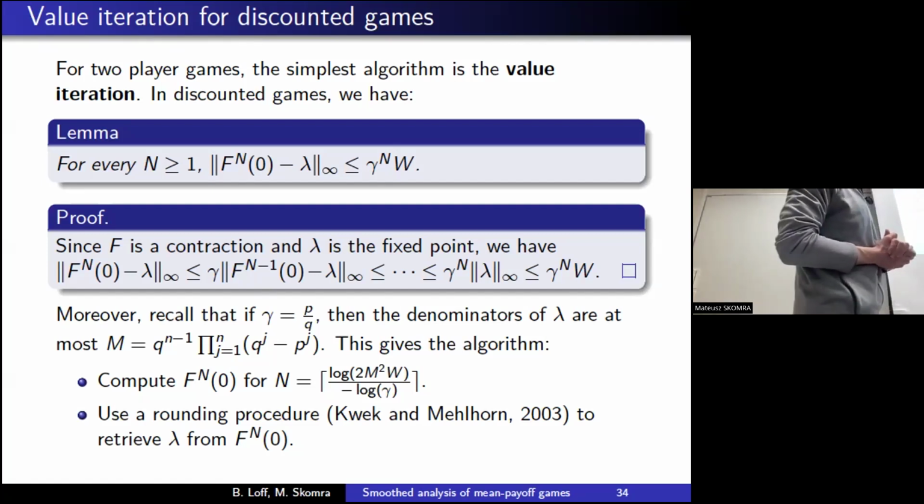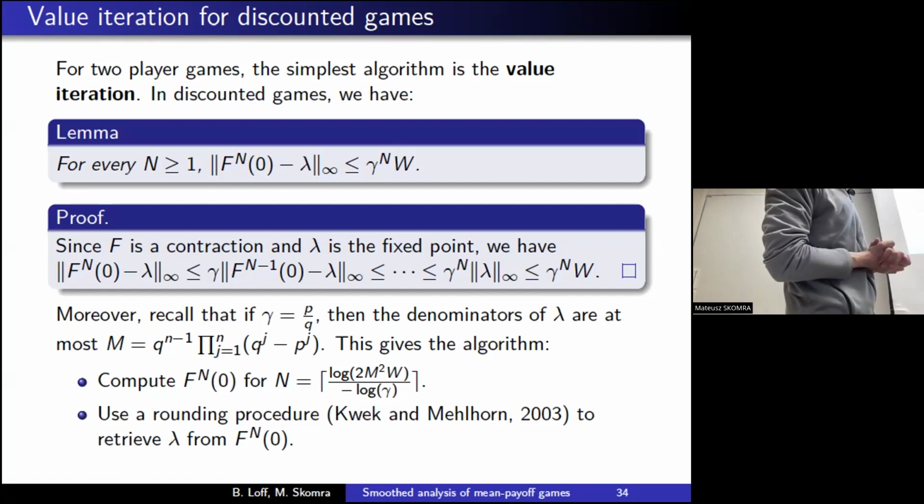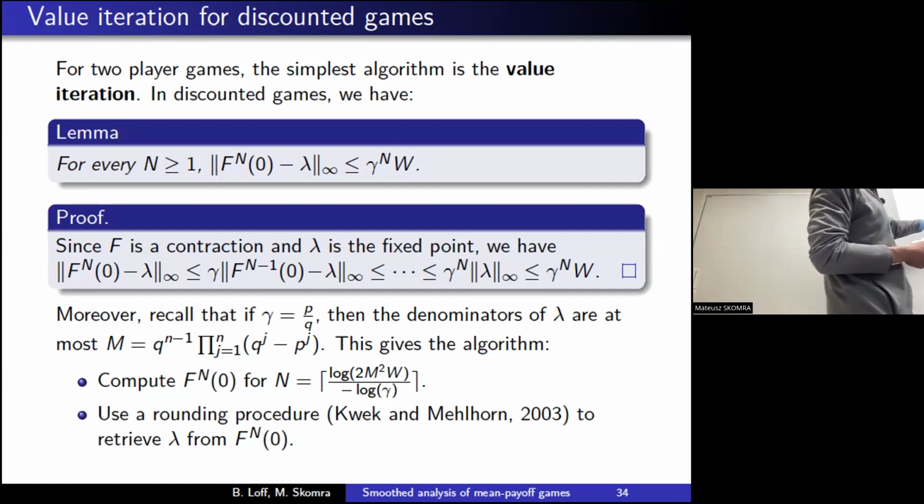Wonderful. Now also recall that if we have discount factor p over q, then the denominators of the value are at most this number, right? That was one of the lemmas on some previous slides: we can bound the denominators of the value. So this gives you immediately an algorithm, right?